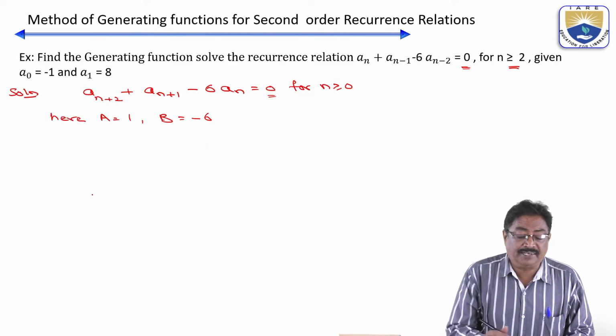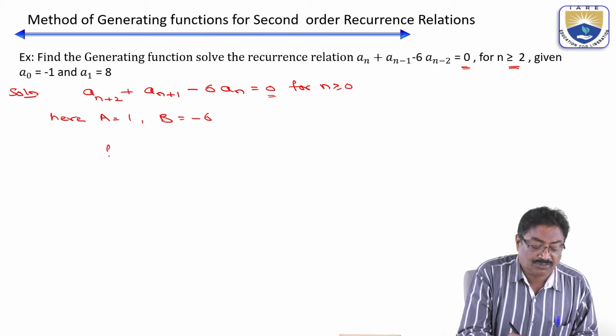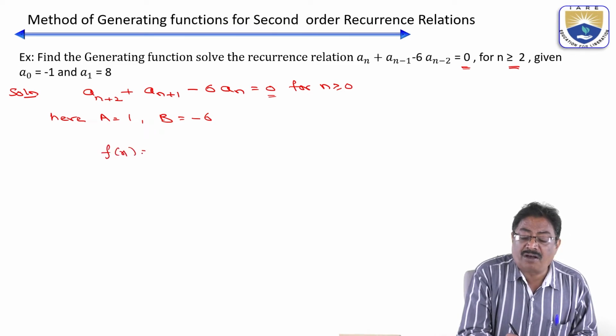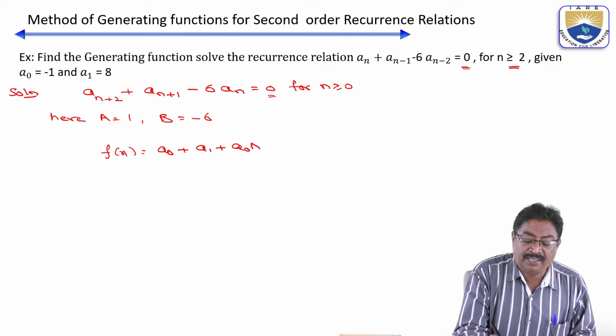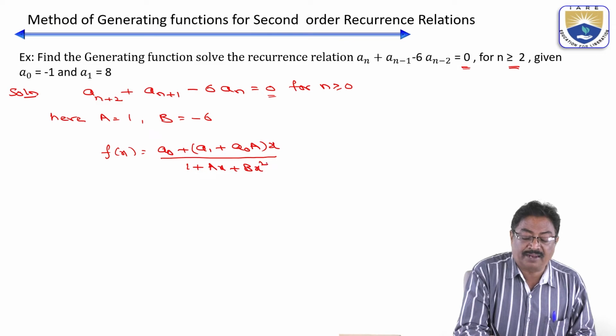Now we are going to write f of x equals (a naught plus a1 plus a naught a) x by 1 plus ax plus bx square.